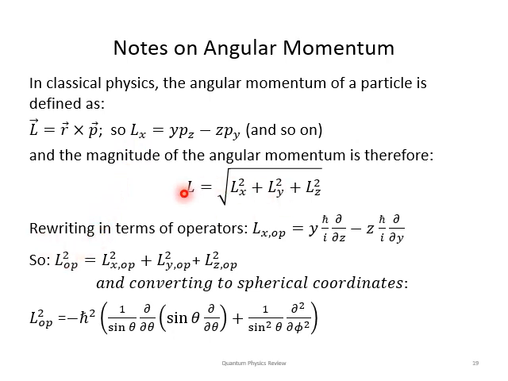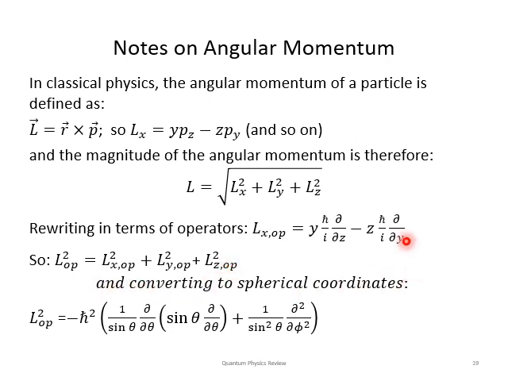We can rewrite the angular momentum in terms of operators, which I've done here. And we know then from this and this that the square of the total angular momentum is the square of the angular momentum around the x-axis, around the y-axis, plus around the z-axis, all right?